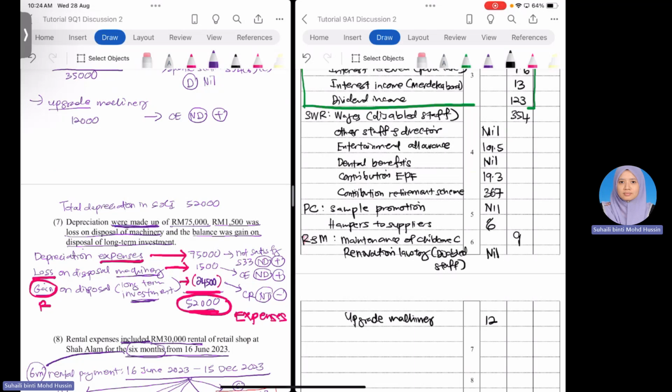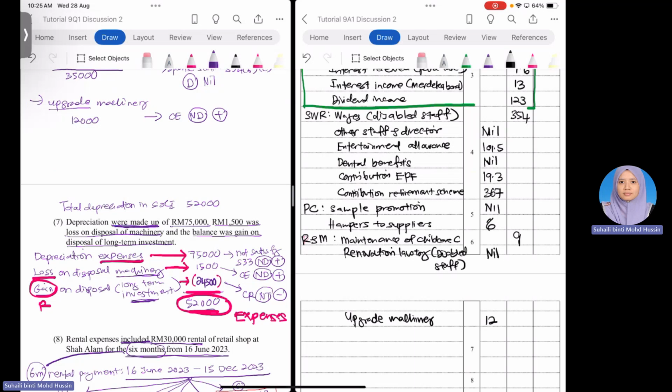Remember that these two are expenses and this one is the revenue, so this one should be minus, and the total you get is 52,000. If you want to start from below, take 52,000 and minus back the amounts, in reverse order. So you get 24,500 ringgit. Later on maybe you can try again how to get the 24,500 ringgit.